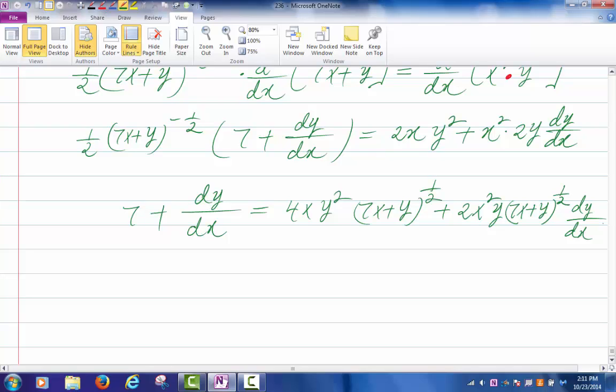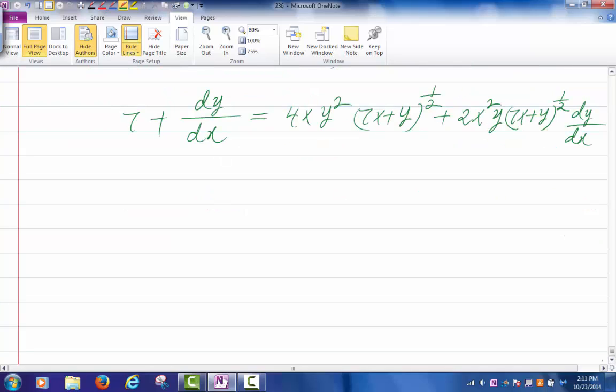Now I have to solve for dy/dx. So whatever is the unknown, I have to gather the terms involving the unknown on the left, and gather all the other terms on the right.